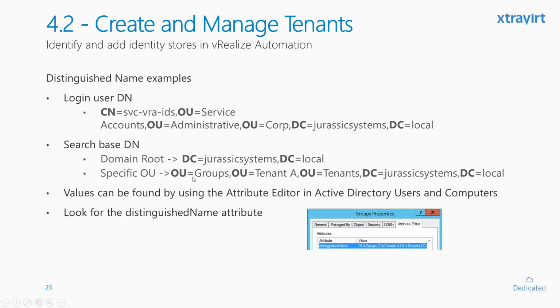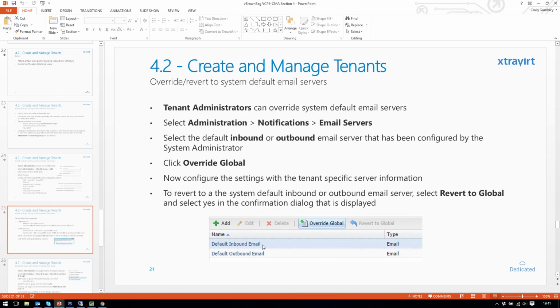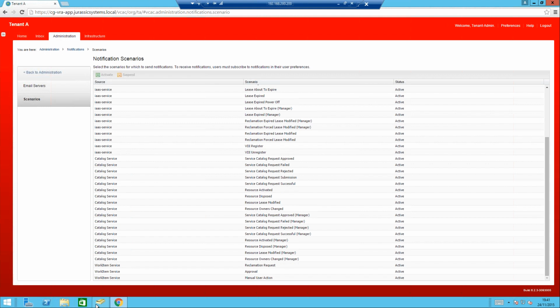These DN or distinguished name values can be found by using the attribute editor in Active Directory Users and Computers, and then once you're in there, you want to be looking for the distinguished name attribute. I'm going to jump back into the lab really quickly and just show you this.